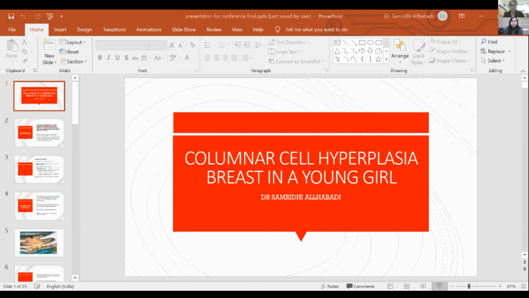There was no nipple discharge, and on asking, she did not complain of pain in the affected breast. She had no significant family history involving her sister or mother. She did not complain of any association of the breast lump or pain with the menses, and there was no other significant history we could find.